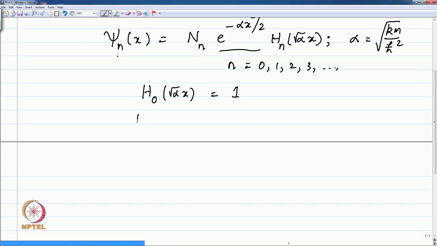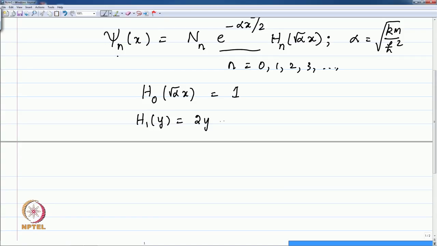H 1, if you recall, I used to write y and I said it was 2y. Therefore, H 1 of root alpha x is 2 root alpha times x, and alpha is specific to the harmonic oscillator that we have in question.